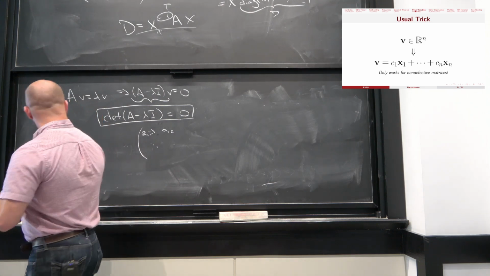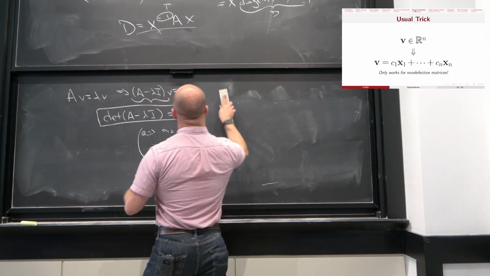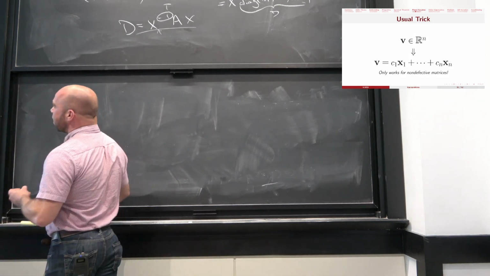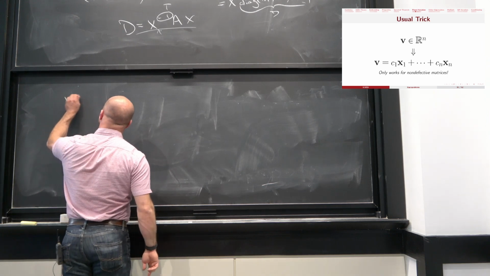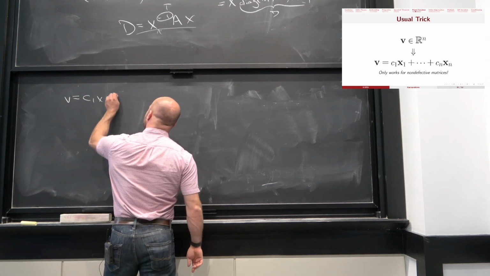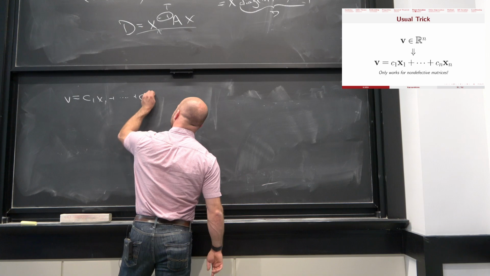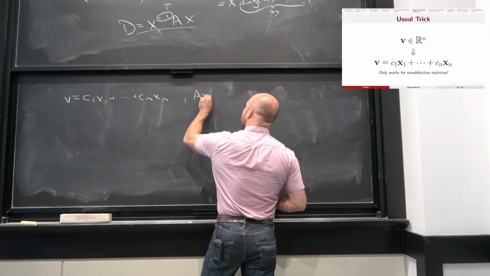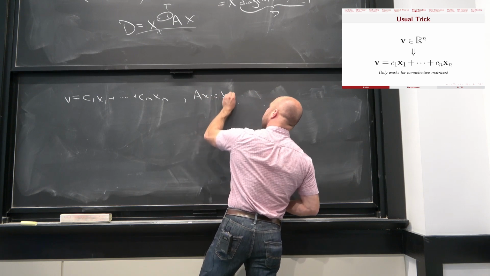So let's do a fun calculation. Let's say that I take v and I write it this way, right? So I say that v is equal to c1 x1 plus ... plus cn xn, where again, the xi has the property that A xi is equal to lambda i xi.